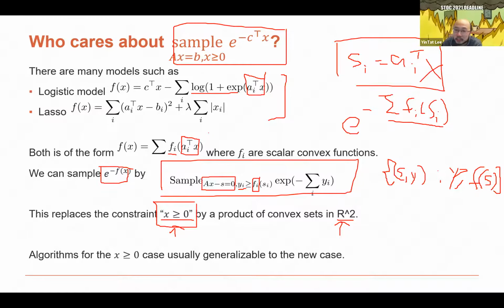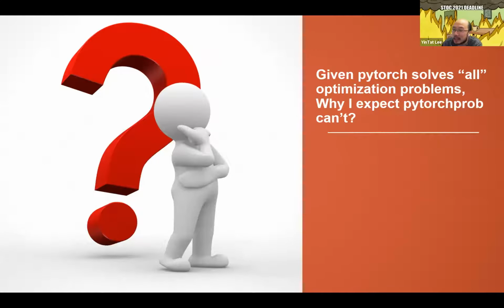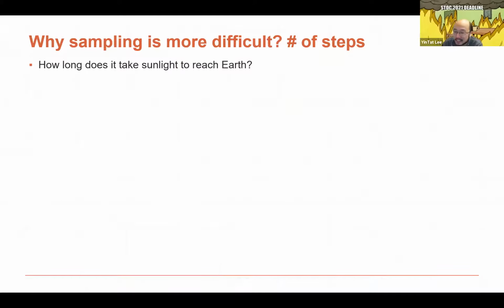Let me just try to highlight why sampling is particularly difficult for making a package. Given PyTorch can solve all optimization problems, why do we expect PyTorch Pro cannot do that? So this is a quiz. Maybe some audience can give me an answer. How long does it take for sunlight to reach Earth?